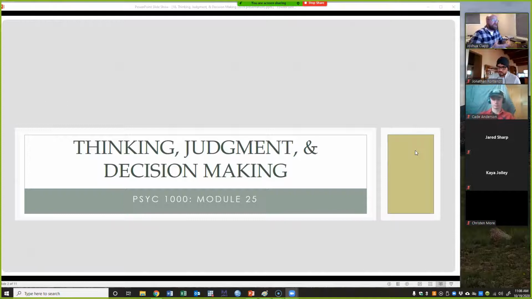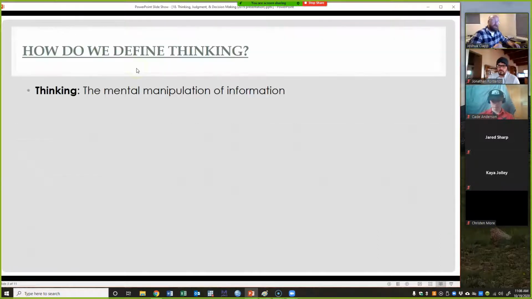But this is a lot of what psychology is doing, is saying what are the mechanisms? How do we form ideas and thoughts, and some interesting theories along these lines.